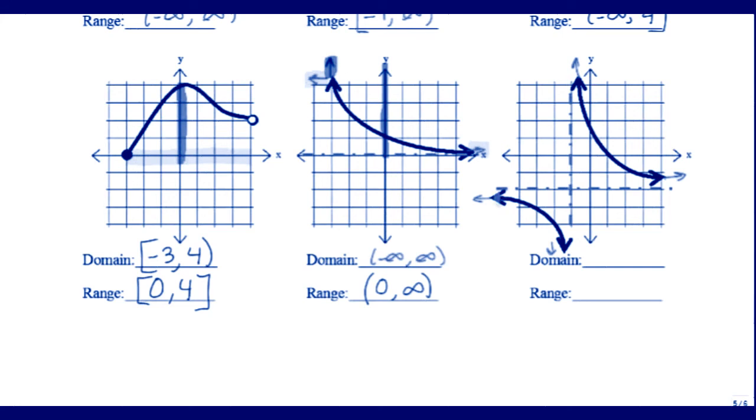When I am looking for my domain, I am looking for how far left can I go, how far right can I go. Although I have a problem here, because my two branches of my graph are separated by an asymptote, I can have all the values very right up until my asymptote at -1, and then I can have all the values to the right of -1. But I am not allowed to have the value -1.